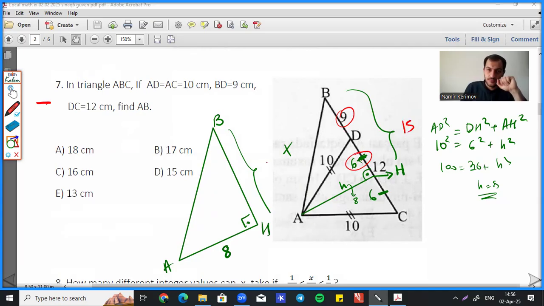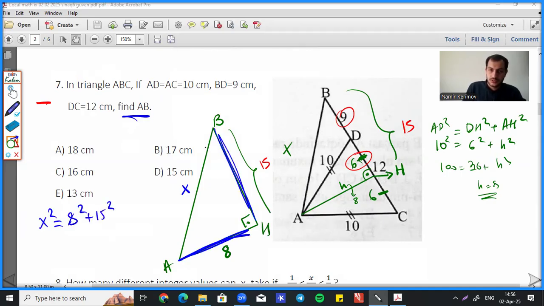So it's 15. Let's find X, the length of AB. Again, the same formula, 8 squared plus 15 squared. AH squared plus BH squared will be AB squared. That's it. So X will be 17. B is the answer.